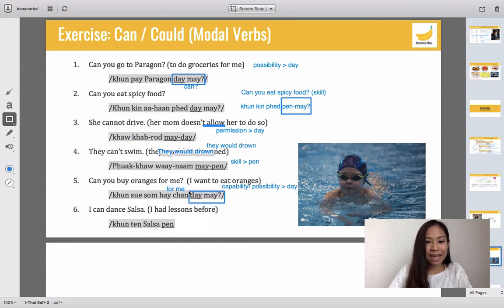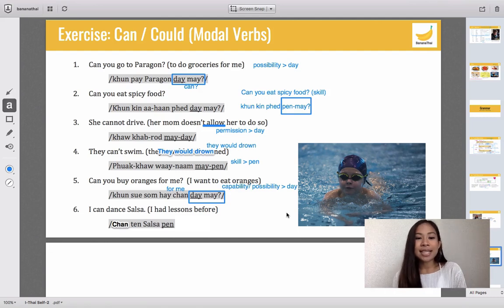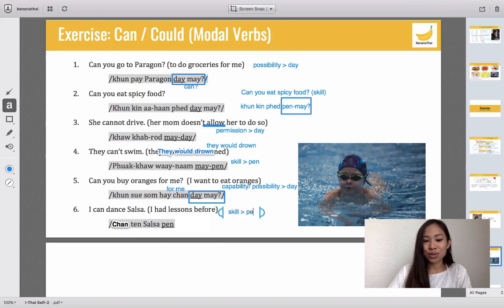You use ได้ because it's a possibility or capability. And the last example: I can dance salsa. เต้น is dance. I can dance salsa as in I had lessons before, so definitely this is a skill and you use the word เป็น: ฉันเต้น salsa เป็น.